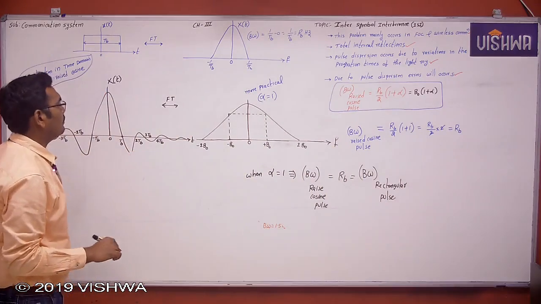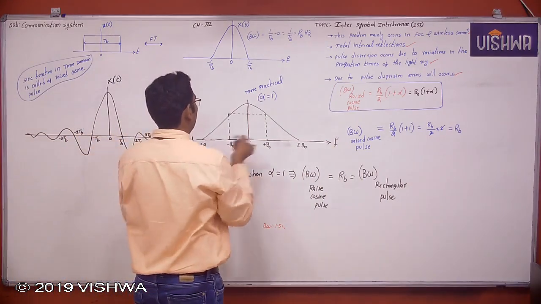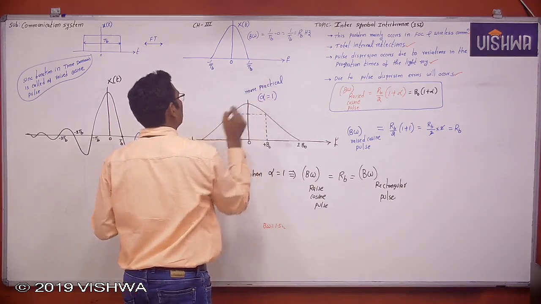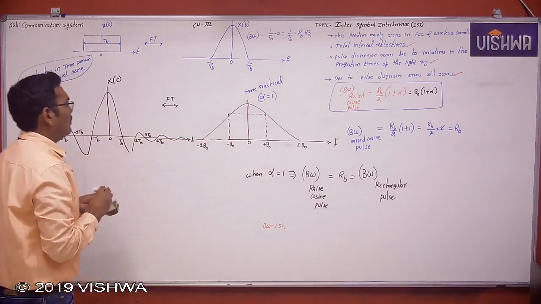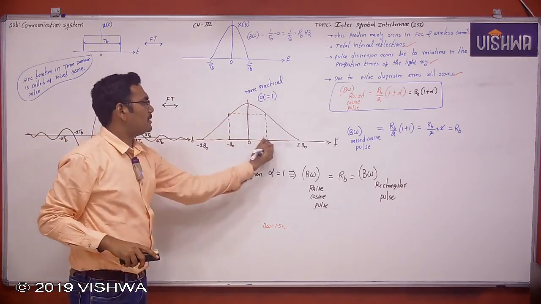And one more thing. Now this is alpha. When alpha equals 0, this is the ideal case.